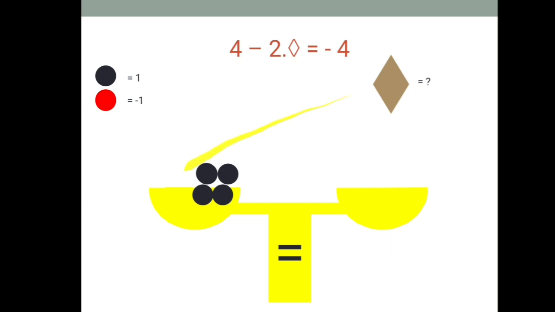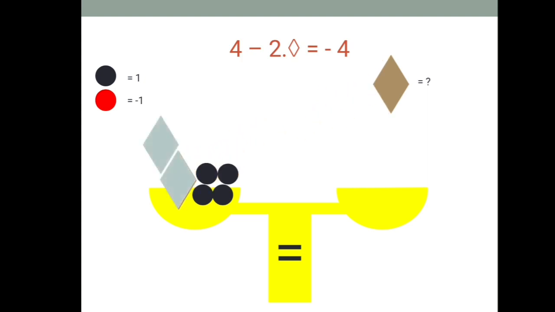No, if I put the brown rhombus here, the equation becomes 4 plus rhombus equals and so on. But we need to put the negative rhombus, so I add a rhombus here, but I change the color to indicate that it is the negative form of the rhombus above.